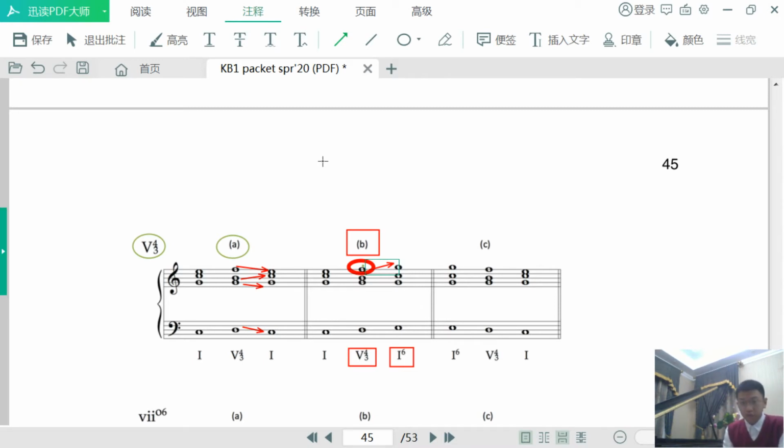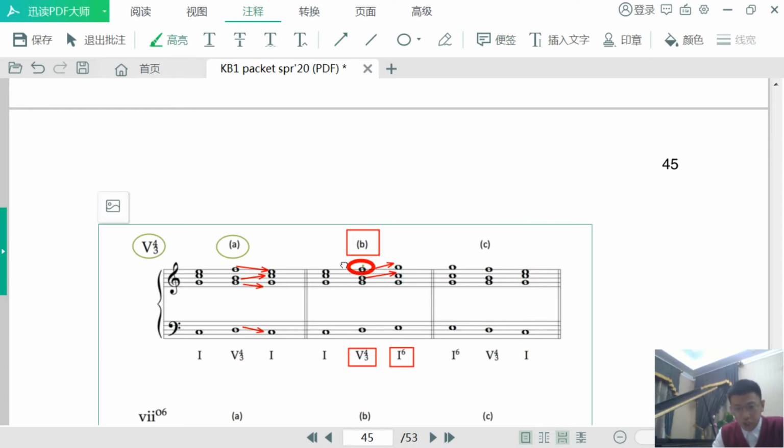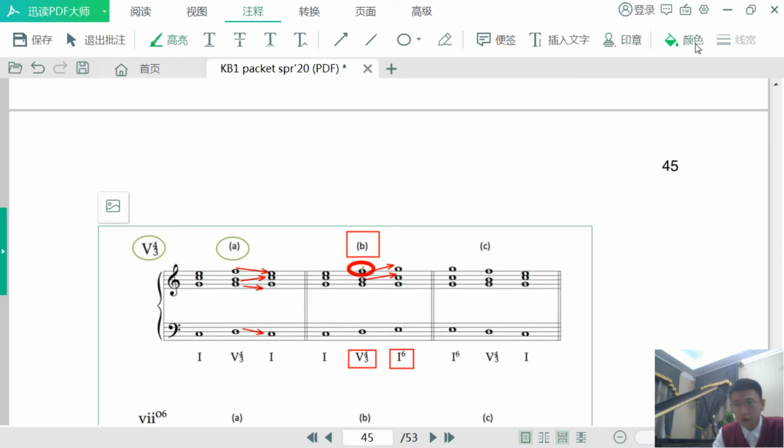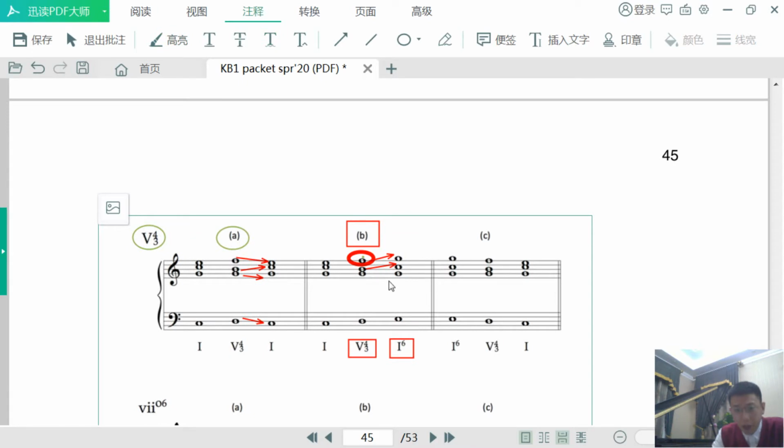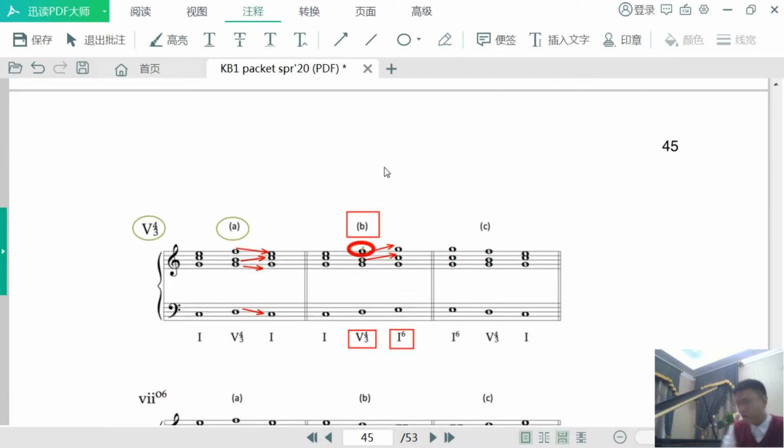Second, if you found the leading tone is going up, that's correct. However, in here we have a parallel fifth, which is a diminished fifth chord to a perfect fifth chord, which is called a parallel fifth, with diminished fifth to perfect fifth.